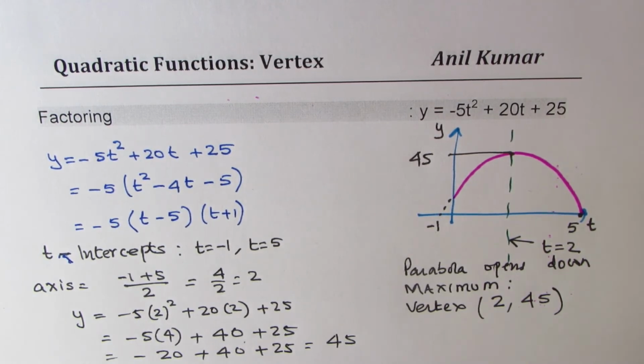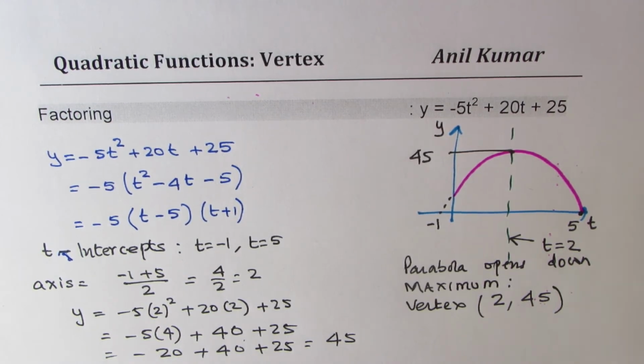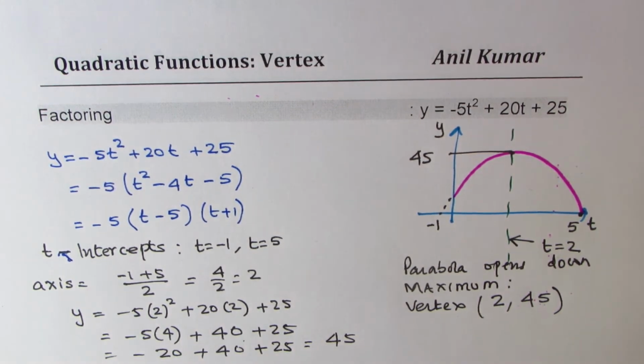So that is how you could find the answer by factoring. You should remember that it is not very easy to factor all quadratic equations, correct? Now let's look into the next example.